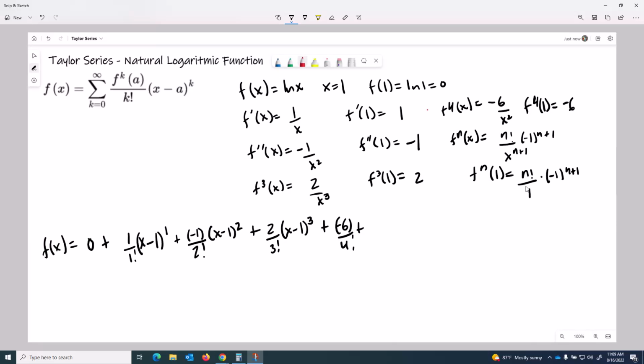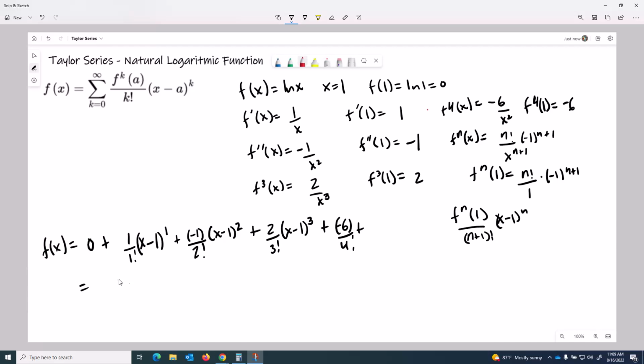So when we do the next term, basically what we're doing is plugging this in and dividing by n plus 1 factorial, and then multiplying this by x minus 1 to the nth power.